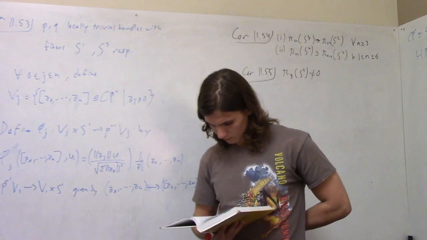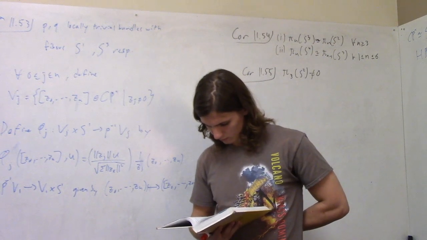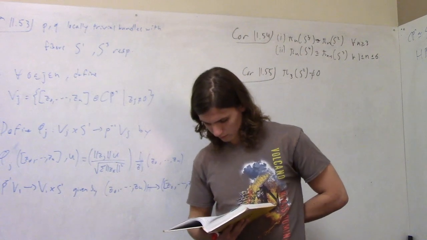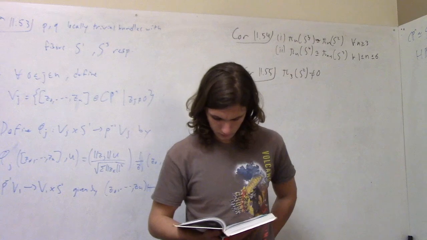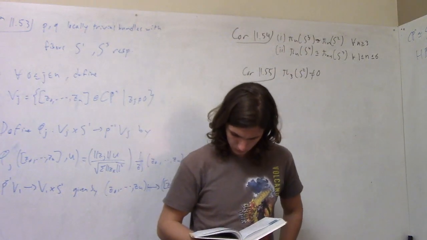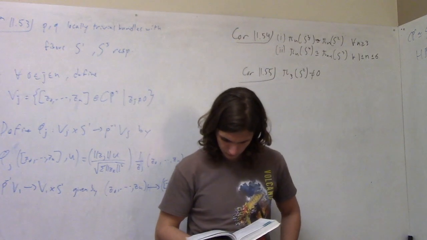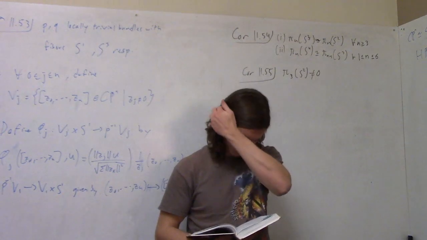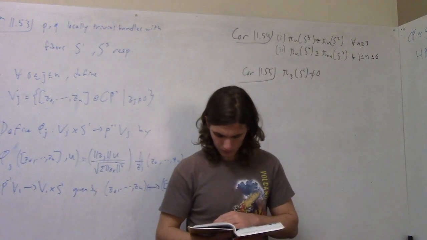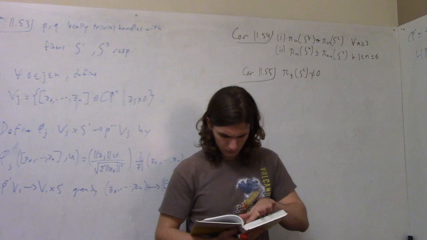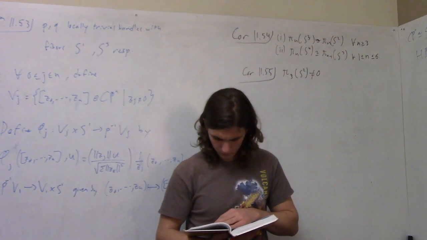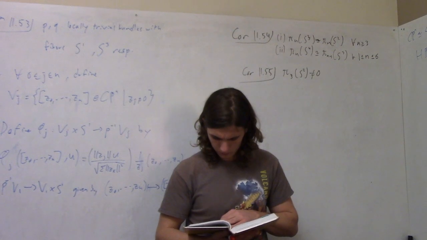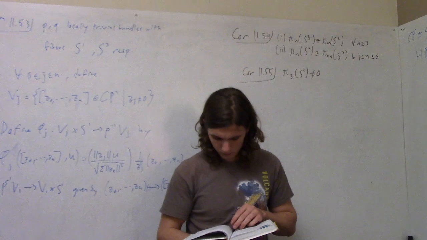He argues that they have the same homology for all n. In particular, the homology is the integers for 0, 2, or 4, and 0 otherwise. But then he argues that S4 is a retract of X, and so pi 4 of S4 is a direct summand of pi 4 of X, and so the fourth homotopy group of X is non-zero.